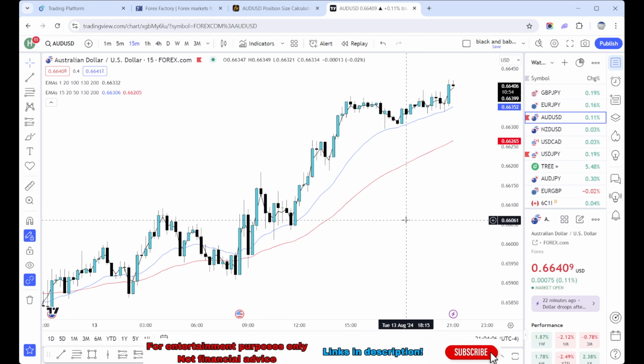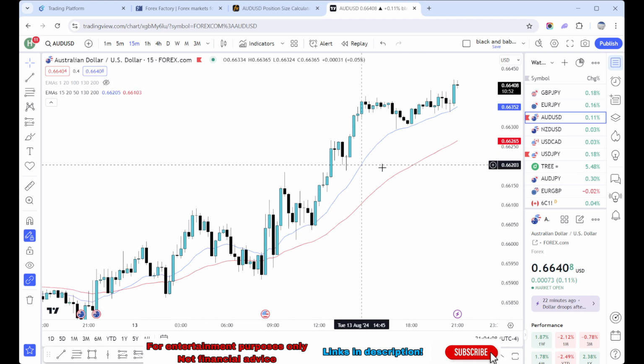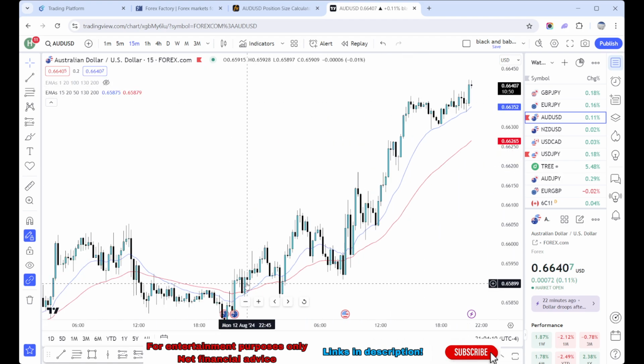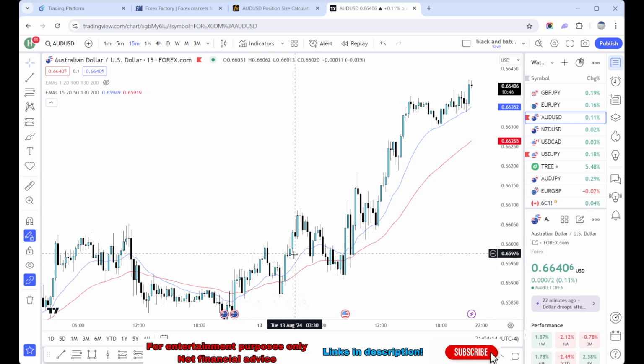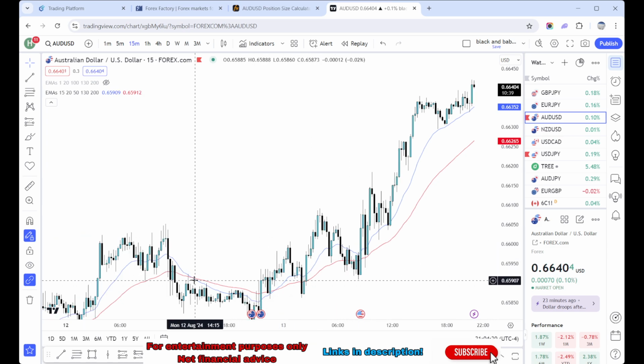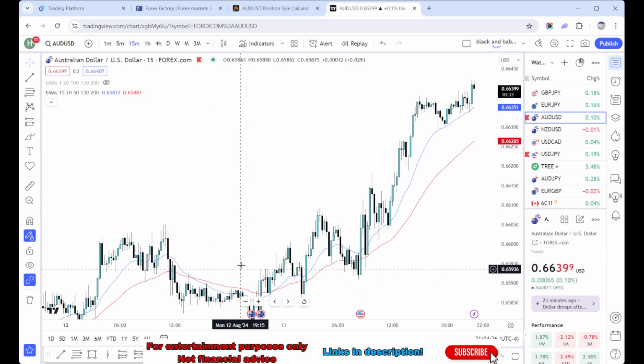So what are these? To give you a little idea, these give you direction. Whenever the 15-minute 20 is over the 15-minute 50, you're looking for buys. And whenever the 50 is above the 20, meaning the 20 is below the 50, you're looking for sells.